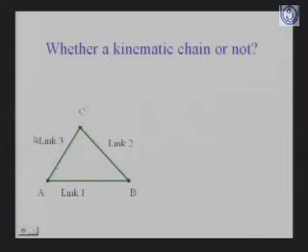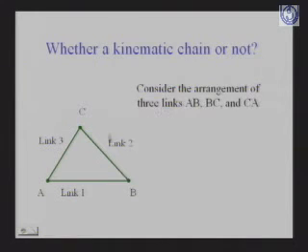Now we take the example of a 3-bar mechanism or 3-bar chain. Here link 1 is AB, link 2 is BC, and link 3 is CA. So these three links have been joined, and now we have to see whether this chain is a kinematic chain or not.